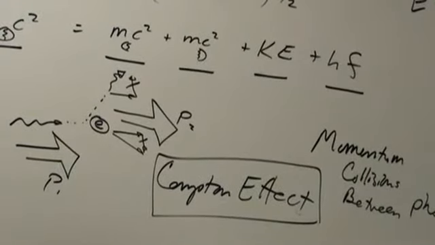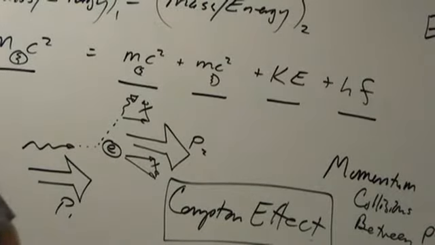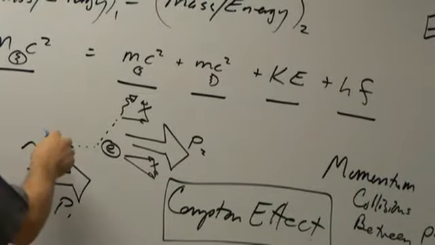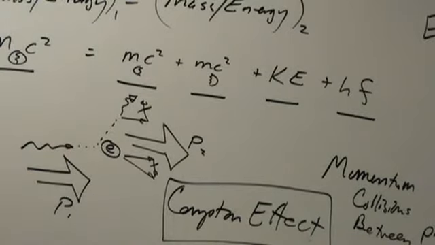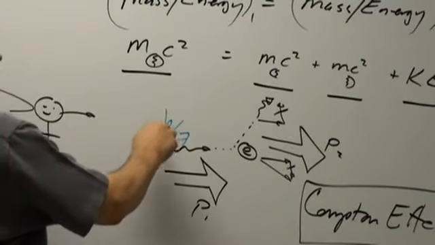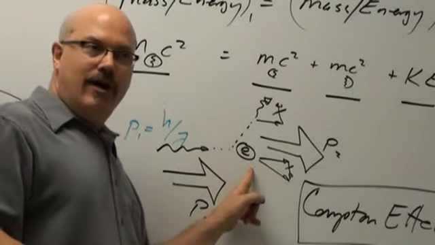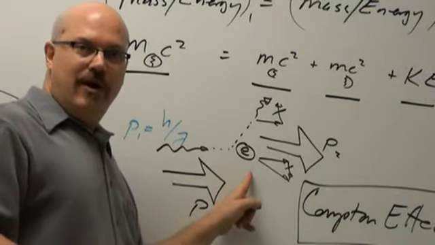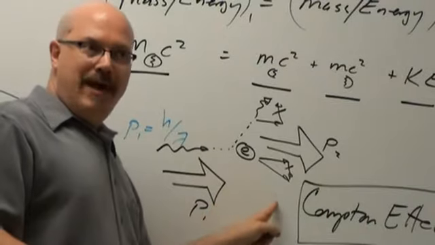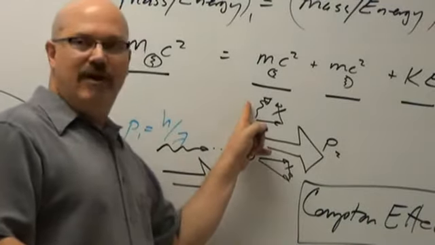Now, watch this, listen. If this one starts off with momentum, what's the momentum of this photon? H over lambda. And it has this momentum to start. When it hits this electron, it gives the electron momentum and energy. What happens to the momentum and energy of my photon then?